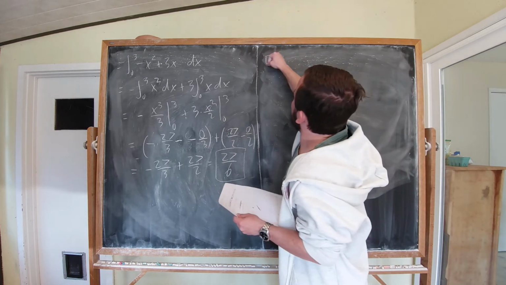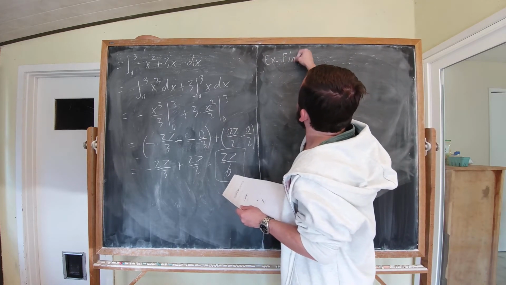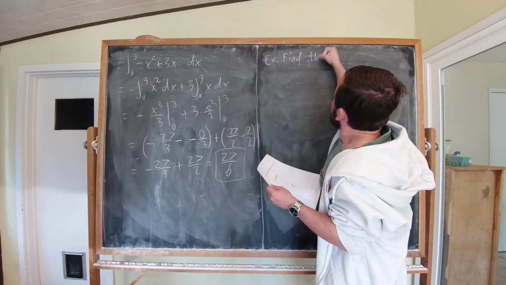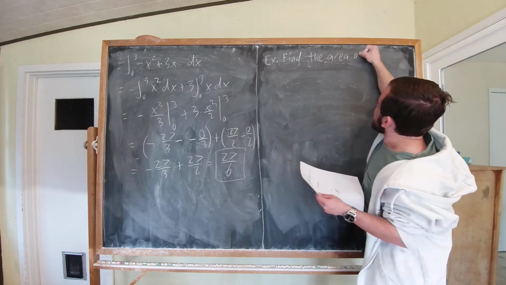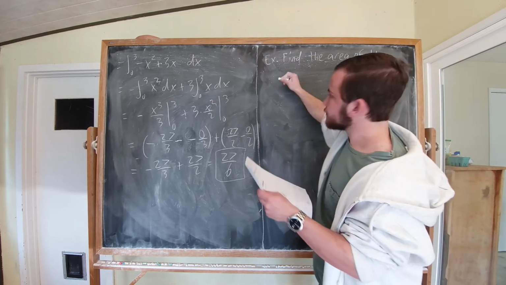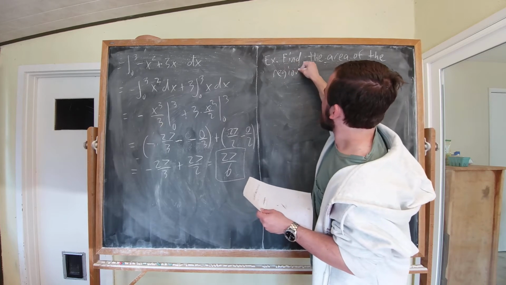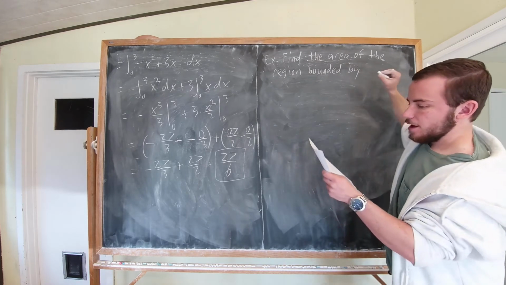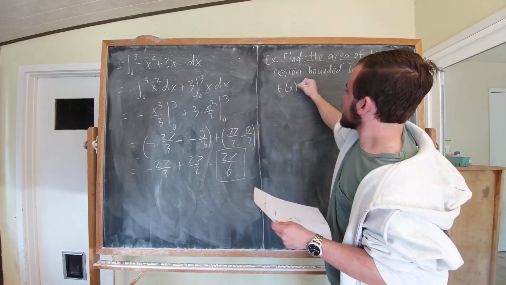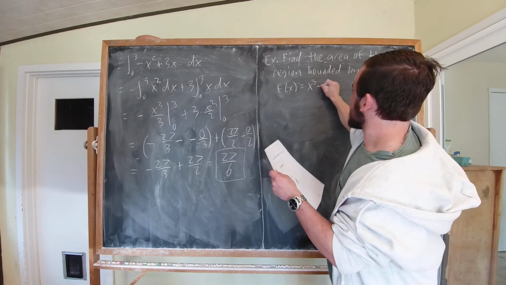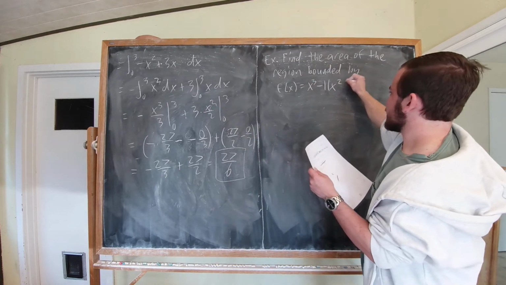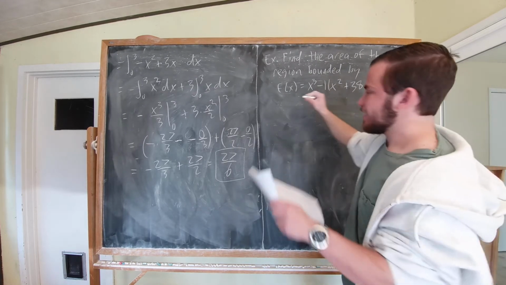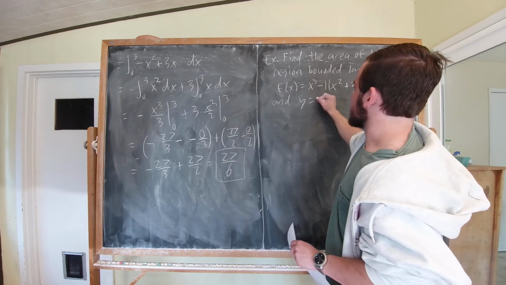So for example, what if I wanted to find the area of the region bounded by f of x equal to x cubed minus 11x squared plus 38x minus 37 and y equals 3.